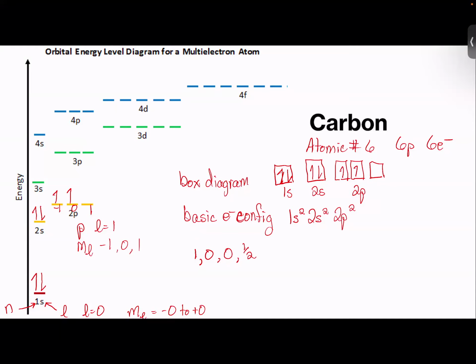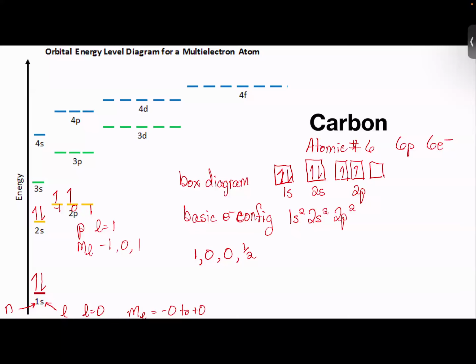Folks, this literally tells me that in the first shell away from the nucleus, I have a spherical subshell. There is only one orbital in that spherical subshell, and my electron is spin up.